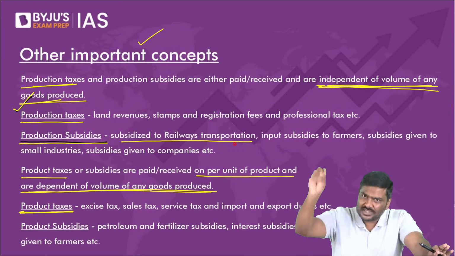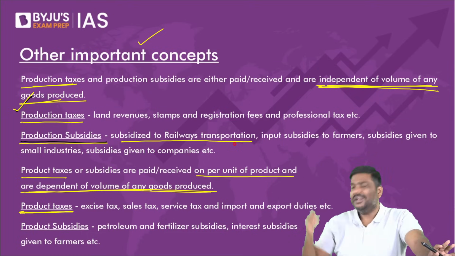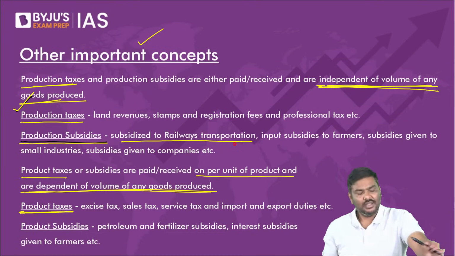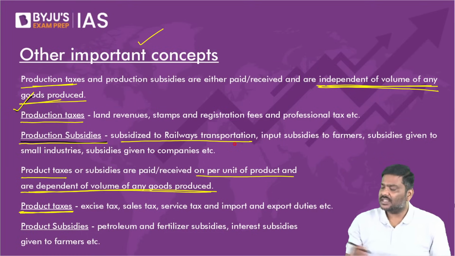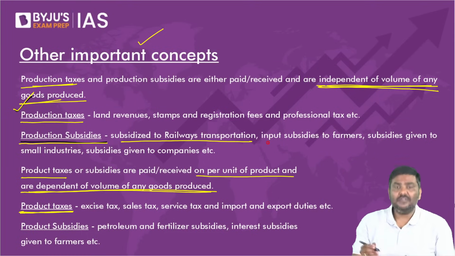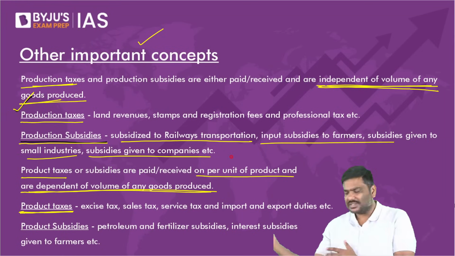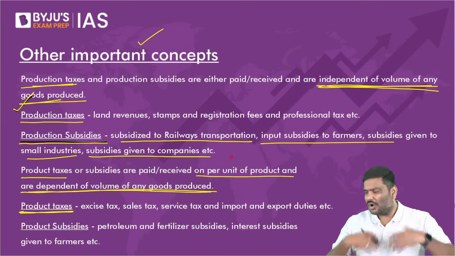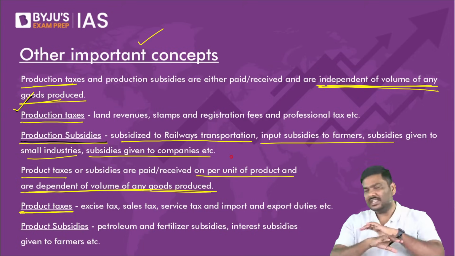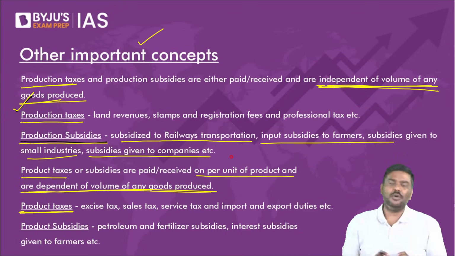It is always less than the market price. It is basically the idea of a subsidy only. So input subsidies given to the farmers, subsidies given to the small industries, subsidies given to various companies. Later when we keep on discussing, I will give you a lot of examples of these kind of subsidies. Please don't worry about subsidies now.